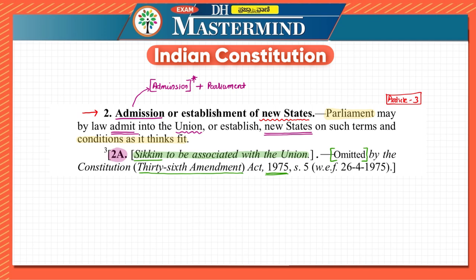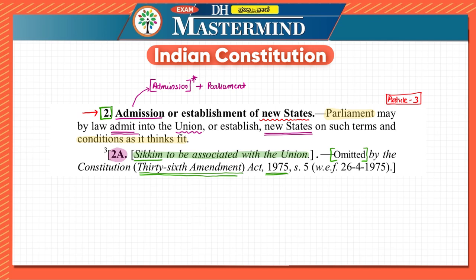Previously, under Article 2 there was another article, 2A, and that 2A was speaking about the special provisions for Sikkim. It was associated with Sikkim, but it was removed by the 36th Constitutional Amendment Act of 1975.